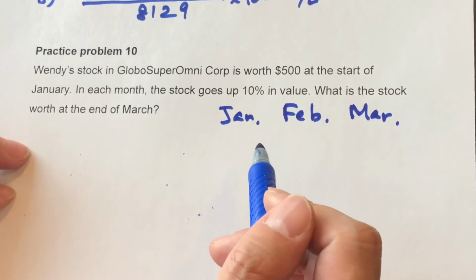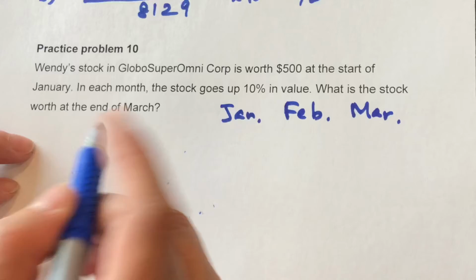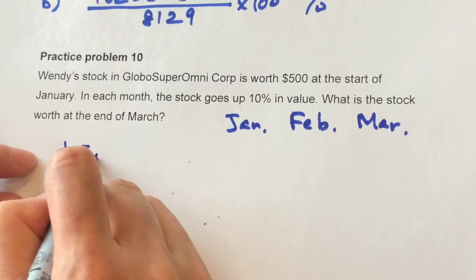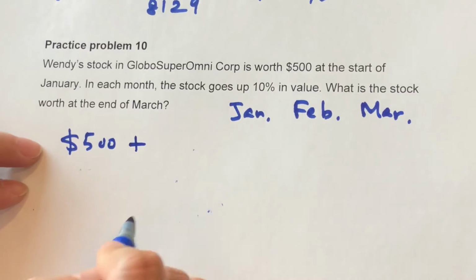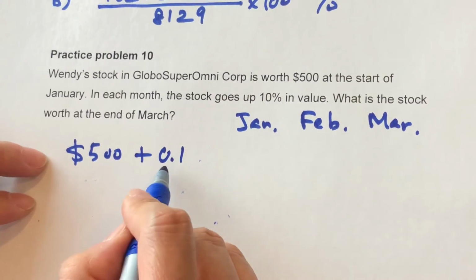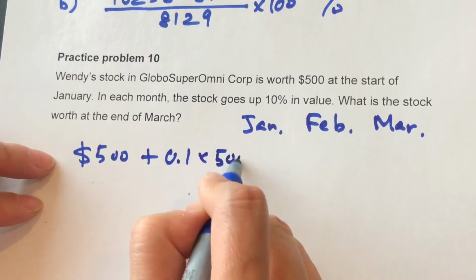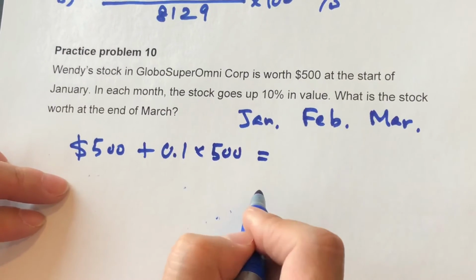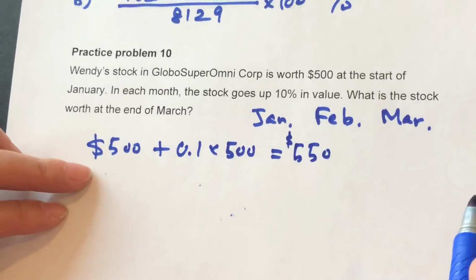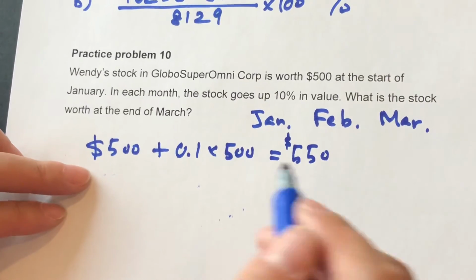What does it mean to increase by 10%? For the first month, you would start with your original price, and increase by 10%, that's 0.1, multiply 500. So at the end of the first month, you would be at $550. And then you do the second month and the third month.